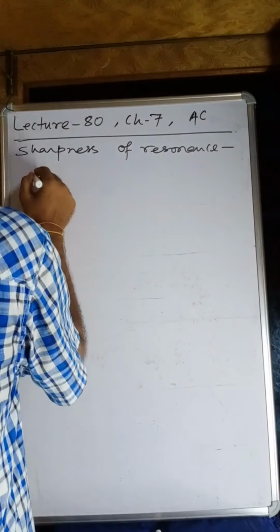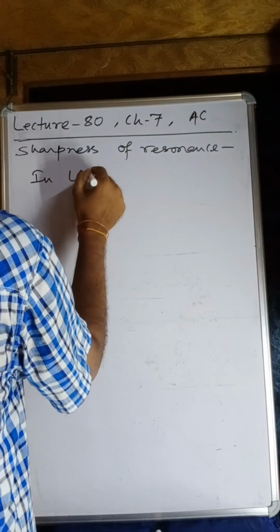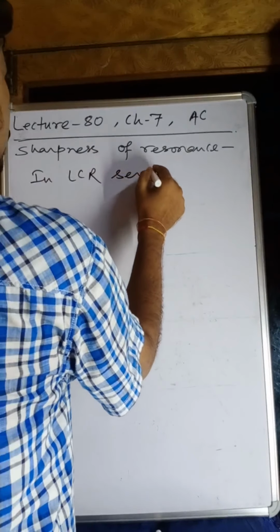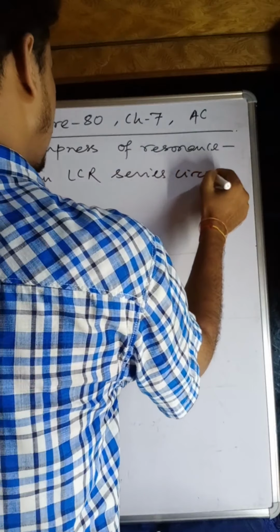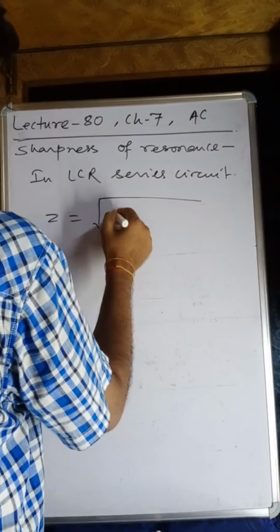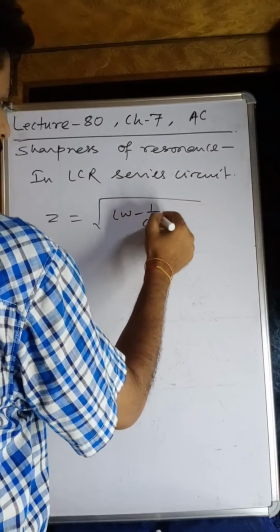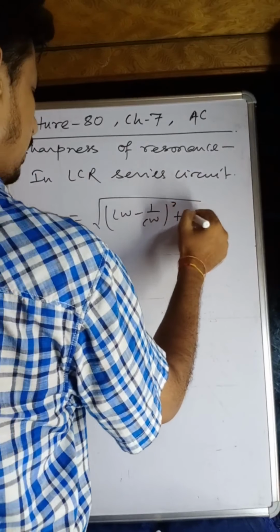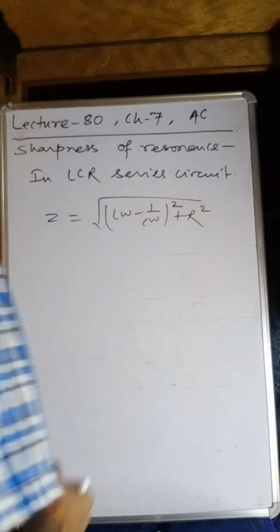Now, my dear students, we have studied in the LCR series circuit that the impedance was the square root of (L omega minus 1 by C omega) whole square plus R square. Am I right?